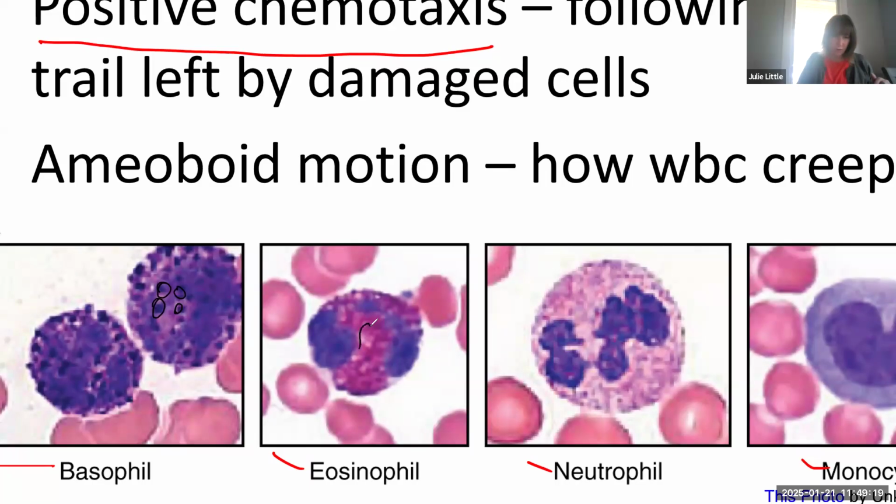And then these are all the granules in here. These red granules in the eosinophil are little staining packets of good stuff that the white blood cells use. They're red. And so you can see the nucleus here. You can see the nucleus here.